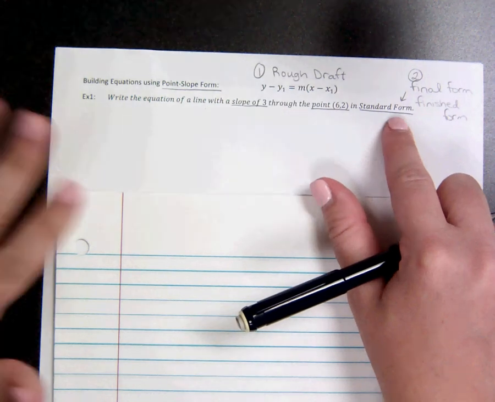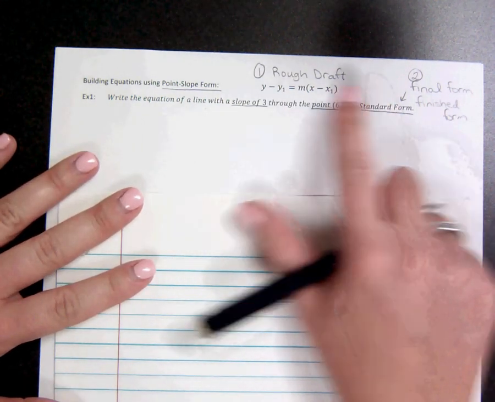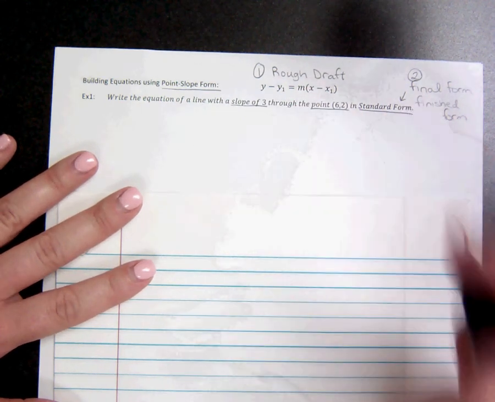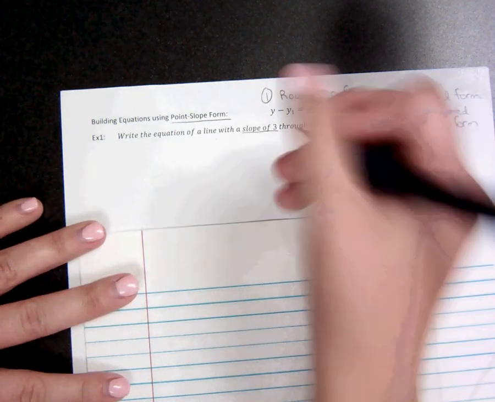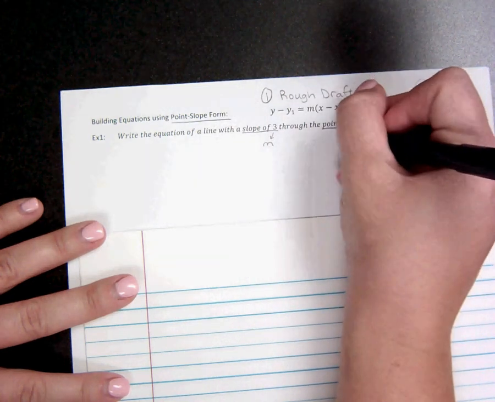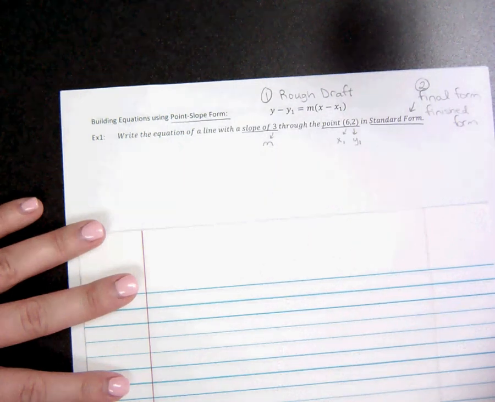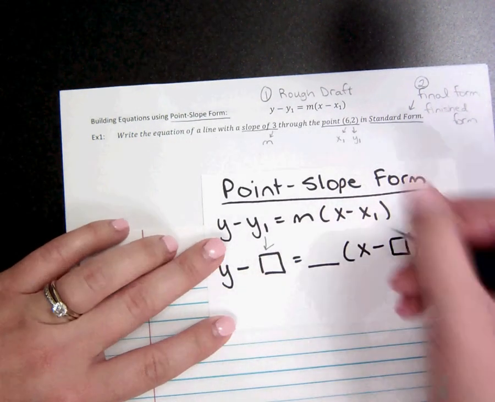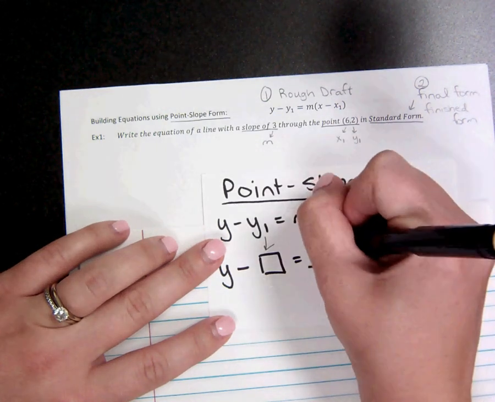So many times students are trying to force standard form from the beginning, and it just doesn't work. We have to start here and use this to get into standard form. So we have a slope and we have a point. We know the slope is m, and the point is (x1, y1). So in point slope form, we're going to plug in y1, we're going to plug in x1, and we're going to plug in m.